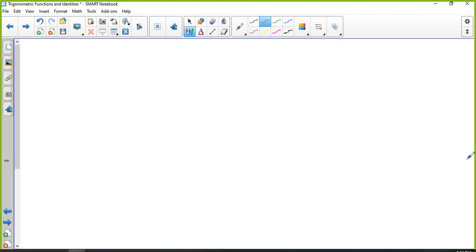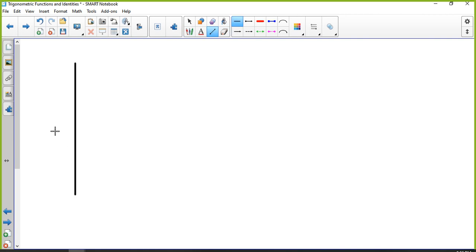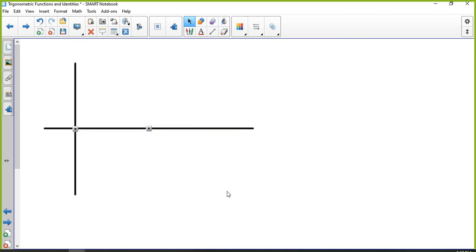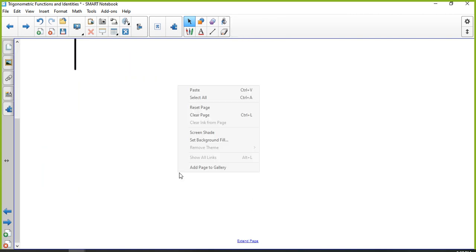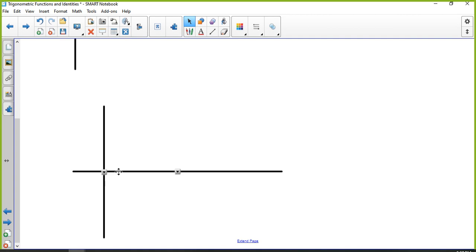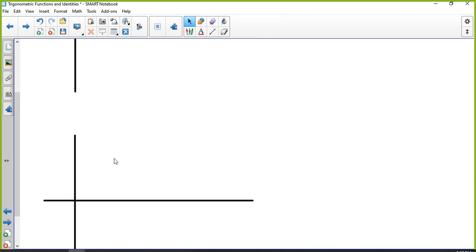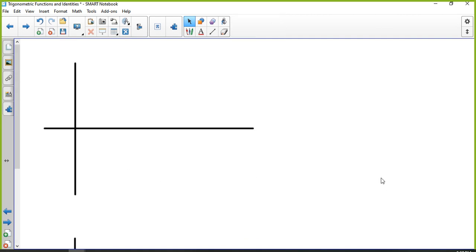Now, I'm not going to go through how to get all of this in terribly large detail. But you should know what the graph of y equals sine x looks like and the graph of y equals cos x. So I'm just going to sketch both of those for you and highlight some very important points.